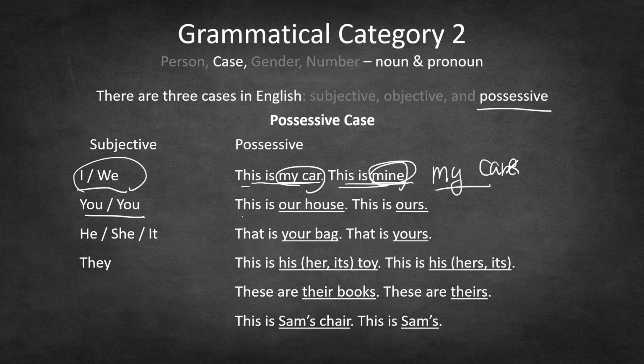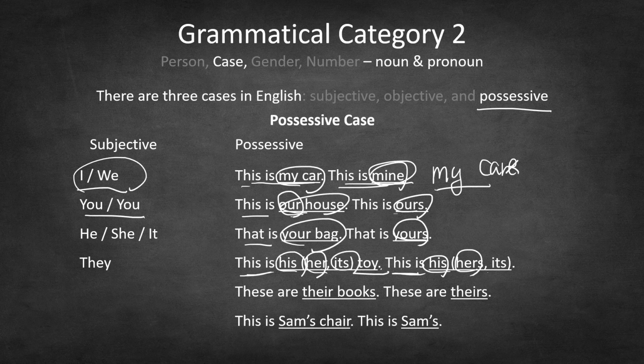Okay? You, this is our house. Our house is first person plural, and then this is ours. That is your bag, yours. This is his toy. This is his. This is her toy. This is hers. This is its toy. This is its.